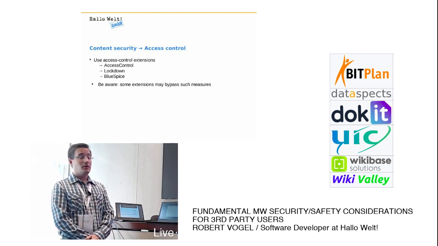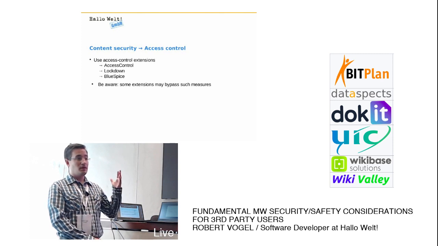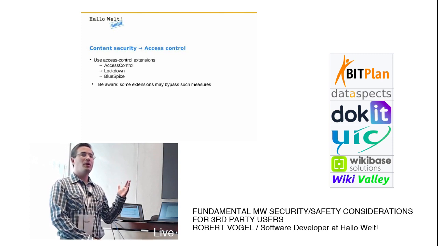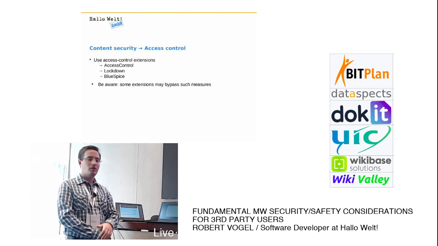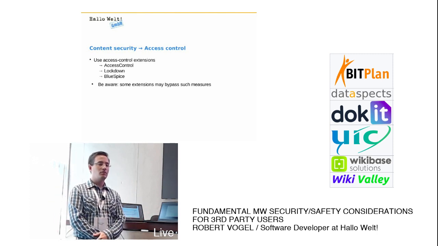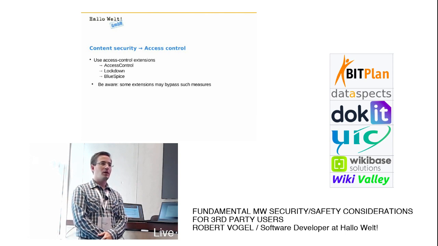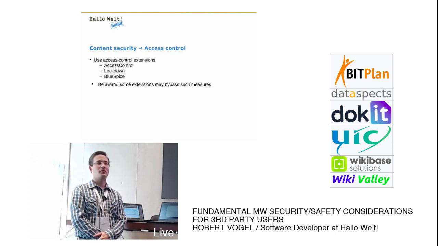Also be aware that these additions may be bypassed by other extensions. For example, even if you have namespace-based restrictions set up by Lockdown, you will still be able to query certain data from these namespaces using Semantic MediaWiki, because Semantic MediaWiki by default is not aware of such measures. That's important to know.